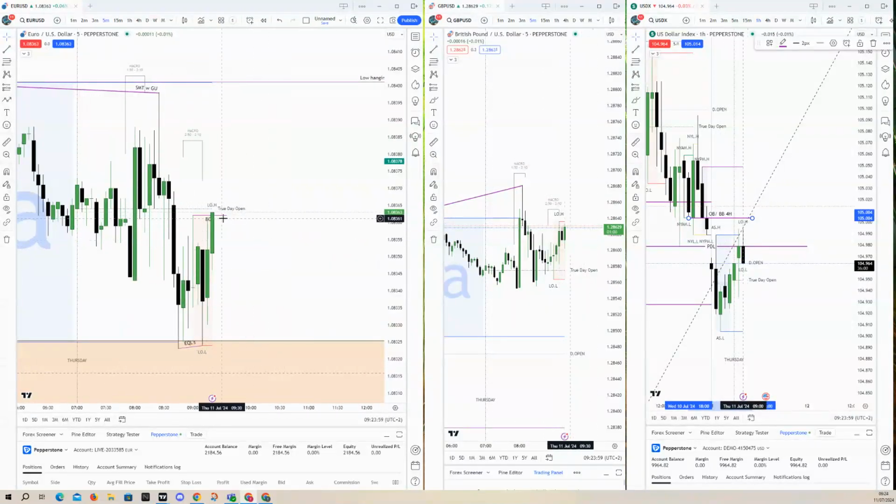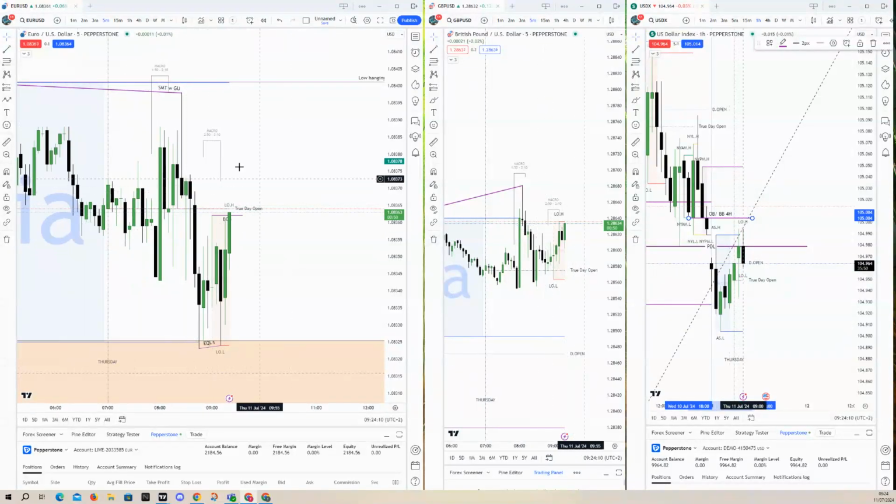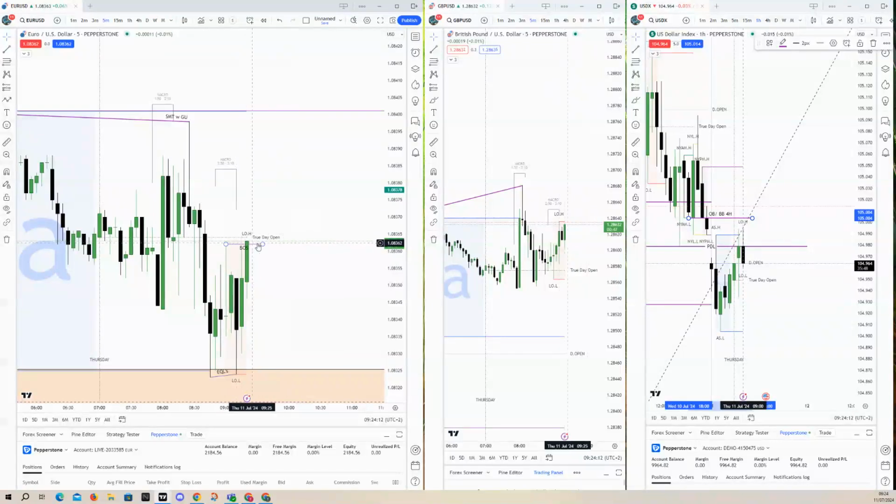Now the dollar is confirming the dollar bearishness, but on the euro dollar it's bullish, of course. So we broke this level, but it's not very convincing to me. It could also just be some liquidity grab, and then we go back to this level. So for the moment, I'm still bearish.